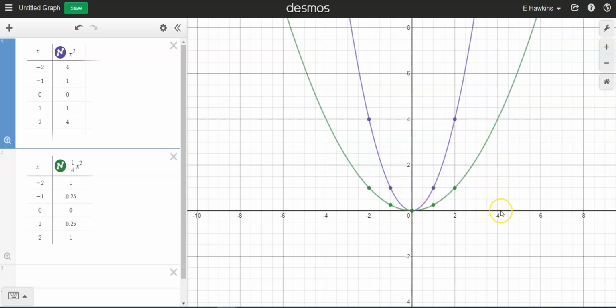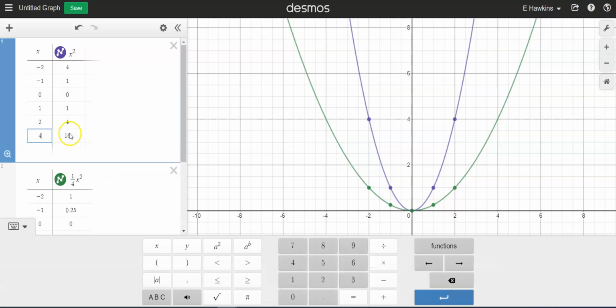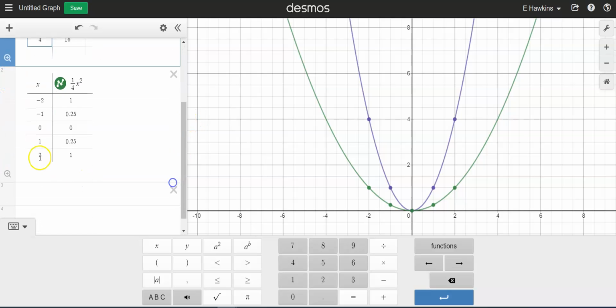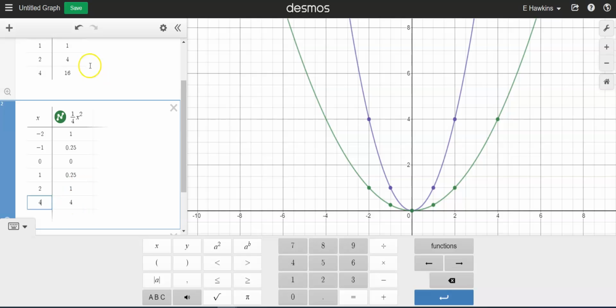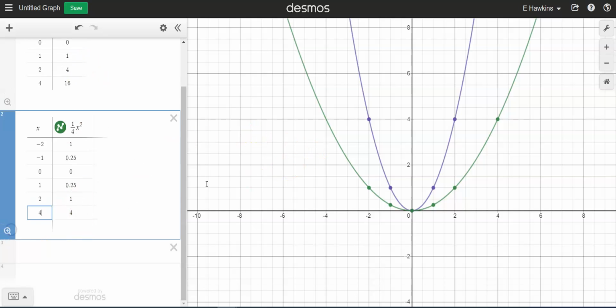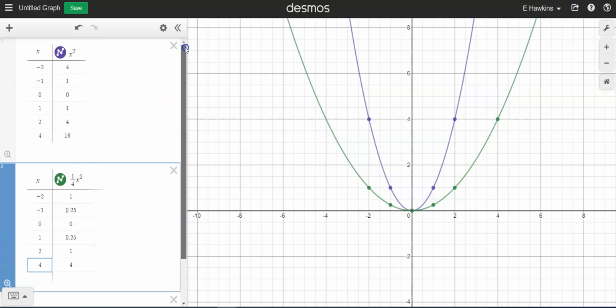So notice 4 would be 16 ordinarily. 16 times a fourth is 4. Notice we got that point here. Okay? So (4, 16), and we can see that here, (4, 4). 16 times a fourth is 4. So that's your stretch and compression.